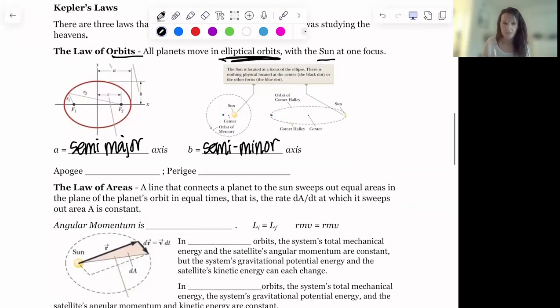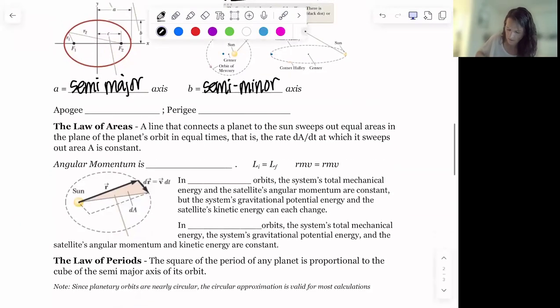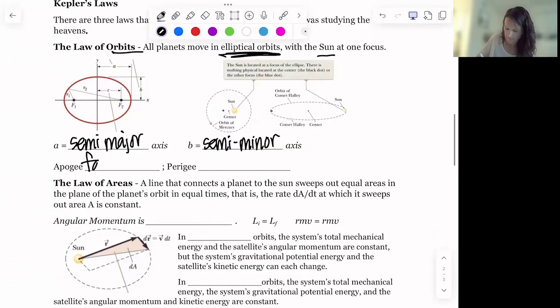And then we have the words apogee and perigee. Apogee is the farthest point in the ellipse, and so in this one over here, that would be your apogee because it's the farthest from the sun.